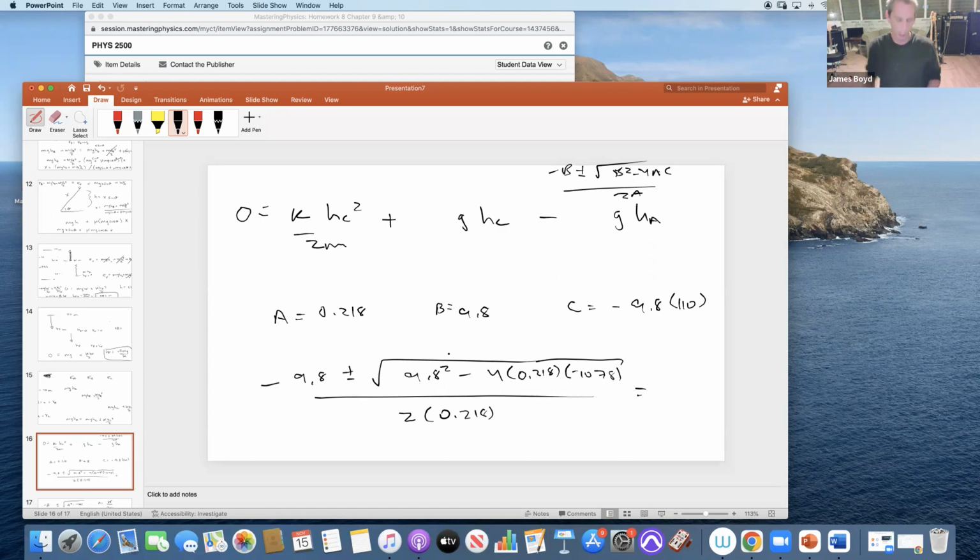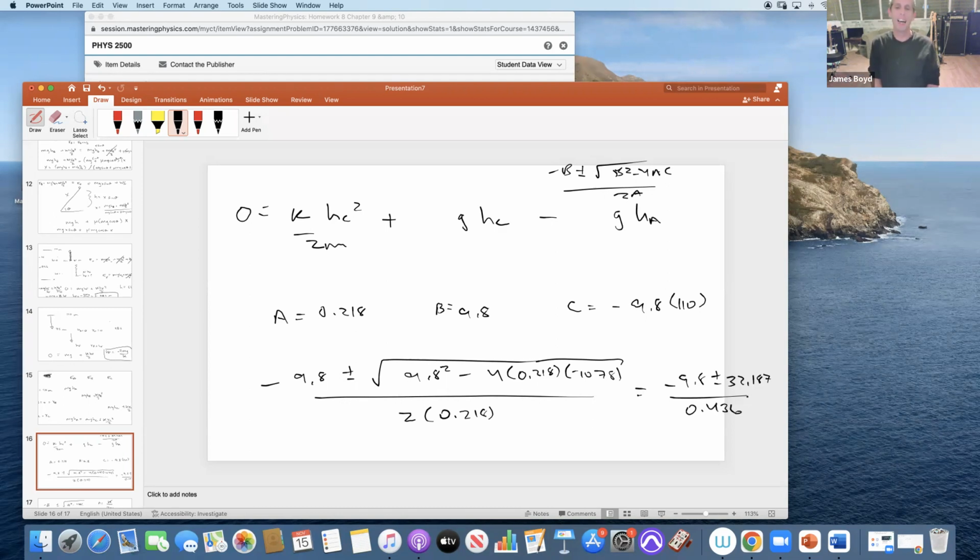So 9.8 times 9.8 minus a minus, so plus 4 times 0.218 times 1078. The square root of that answer is 32.187, plus or minus 32.187 over 0.436.